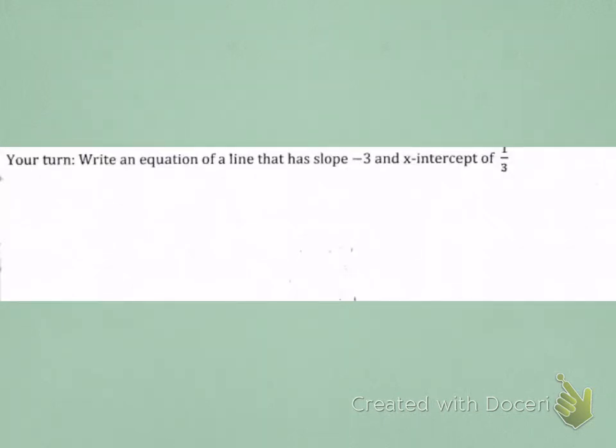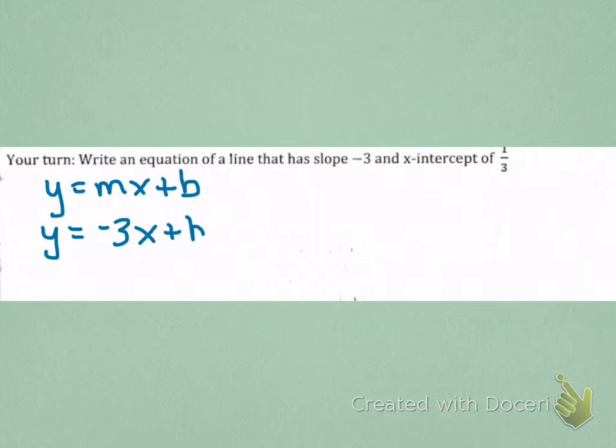All right, so your turn for the next one. Write an equation of a line that has a slope of -3 and an x-intercept of 1/3. So remember, you're going to start with y equals mx plus b. Plug in what you have. You have the slope, which is the m. But we don't have the b value.